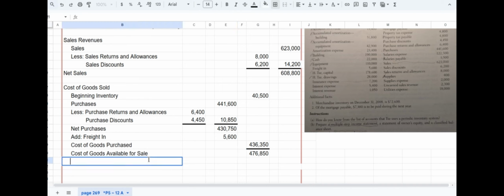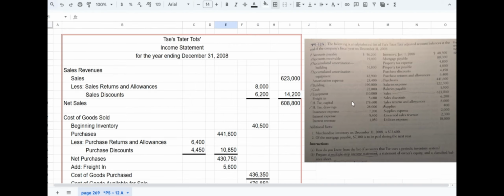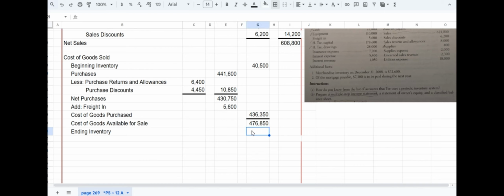Now we need to find the value of ending inventory. As you can see in the question, it doesn't tell you, but in the additional facts, it says merchandise inventory on December 31, 2008 is 72,600. So that is the value of the ending inventory, 72,600.